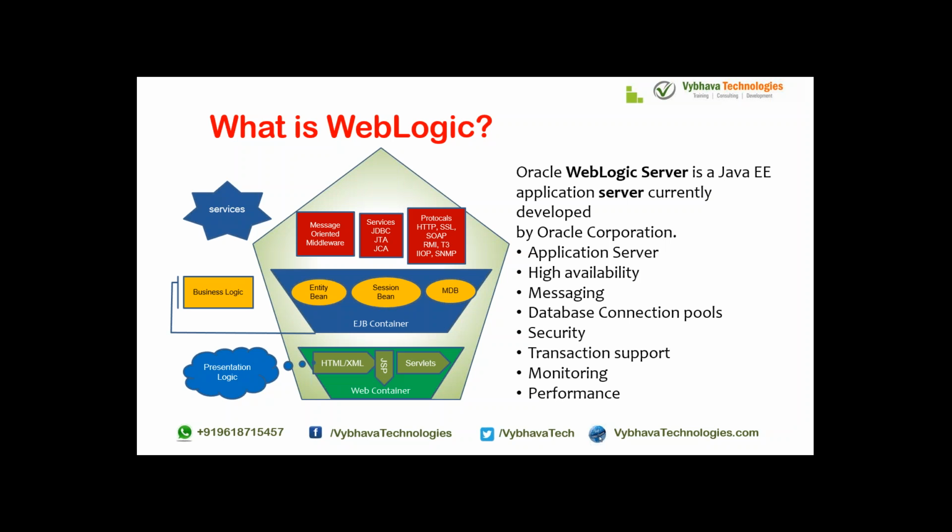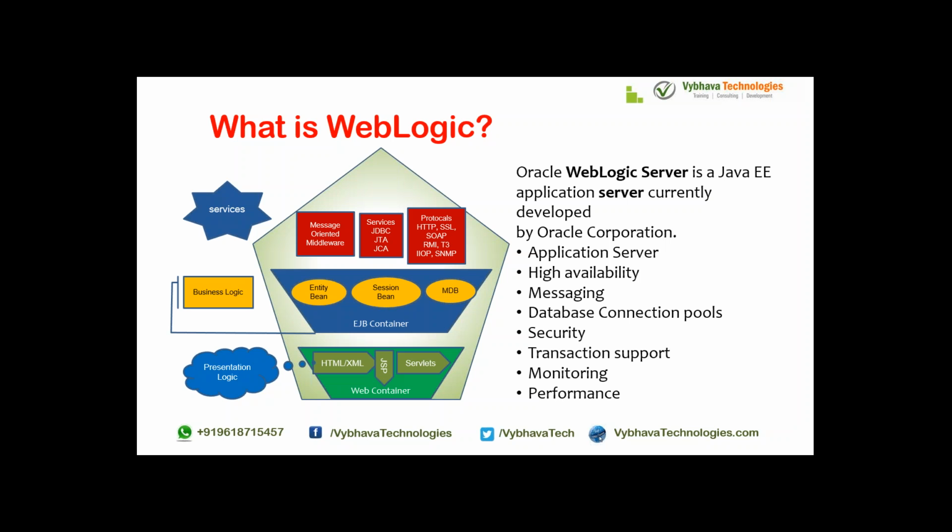IIOP is for interoperability. You can communicate not only with Java programs, but also with .NET, C Sharp, COBOL, mainframe, and other legacy systems. There are separate tools like Tuxedo, and those kinds of integrating software also connect with the IIOP protocol.